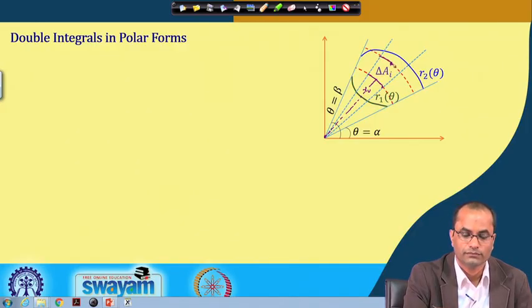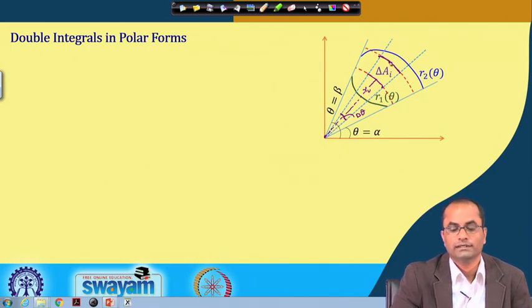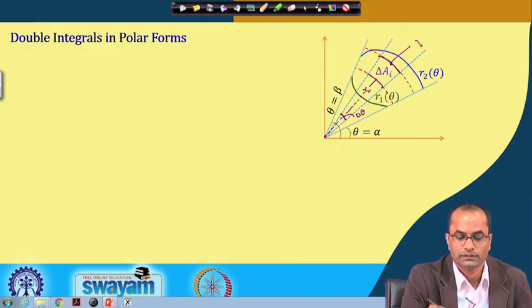Similarly, the angle which we trace to go from here to here is described by delta theta. So, the radius to here will be r I plus delta r I.